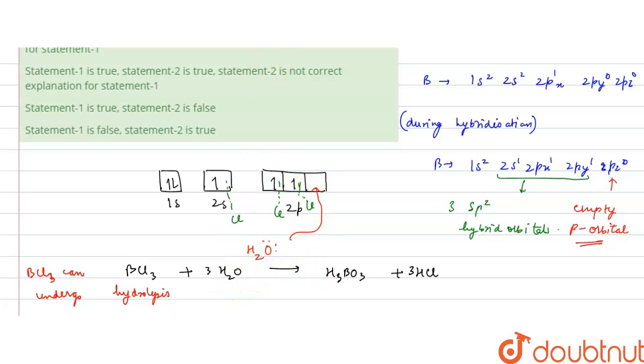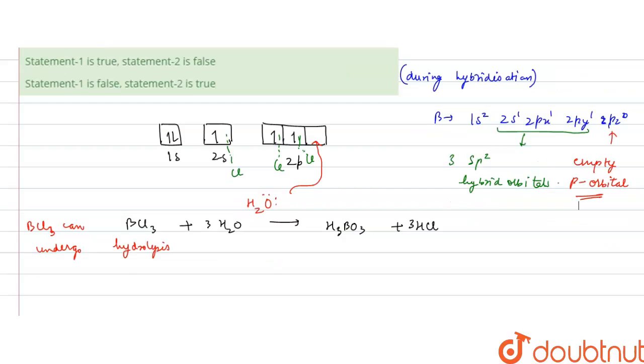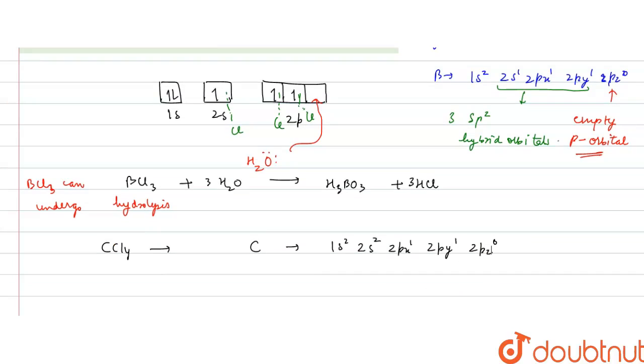Now we will see the case of CCl4, carbon tetrachloride. In this case, carbon has the electronic configuration 1s2, 2s2, 2px1, 2py1 and 2pz0. This is the ground state configuration.